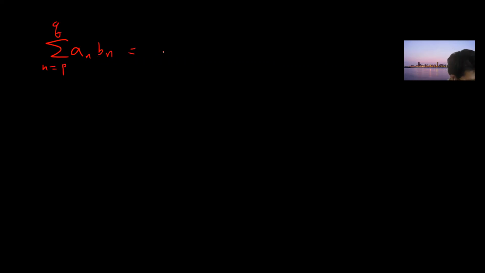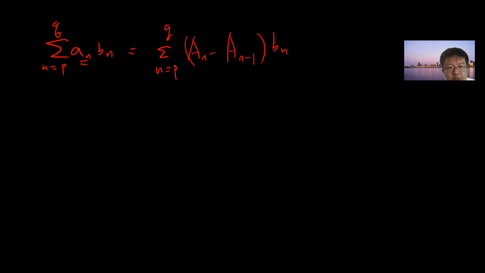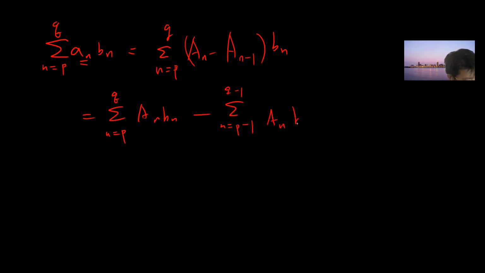Okay, let's prove it. I think this is easy, right? So let's say we have this sum from p to q. Let's change this an to be An minus A(n minus 1), times bn. So you can write down its two terms: the sum of An bn from p to q, minus the sum for n equals p minus 1 to q minus 1 of An bn plus 1.